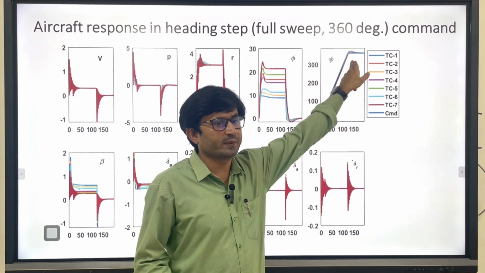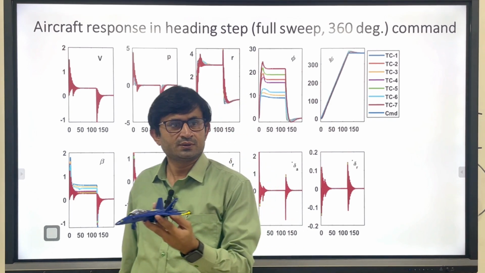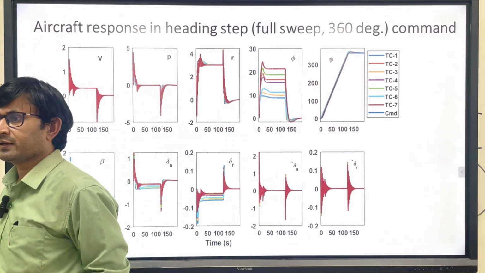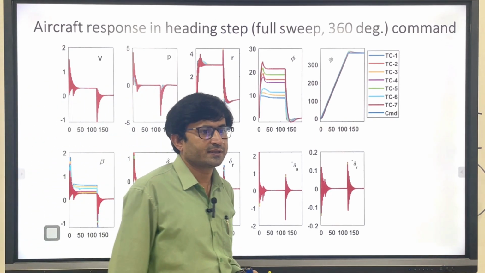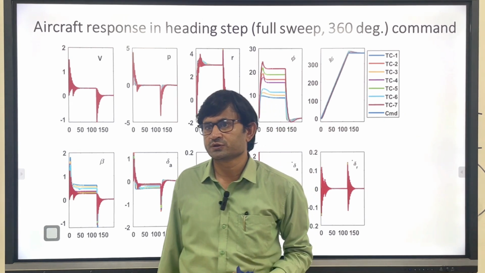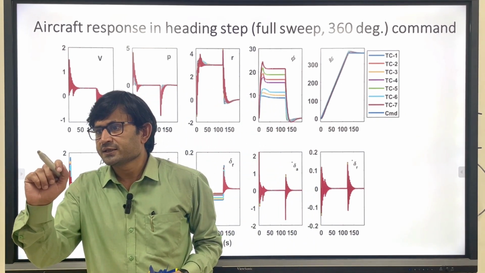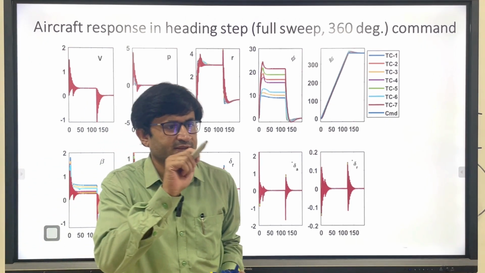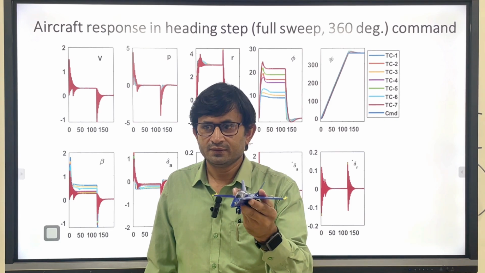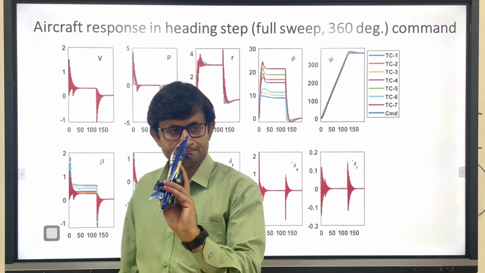See, you can have some slope, right? So that slope is 3 degrees per second. In Boeing and Airbus aircraft, Airbus A380, A320, Boeing 747, all have some standard turn rate. You cannot go beyond that. 3 degrees per second means 3 degrees in 1 second of heading you can maintain.